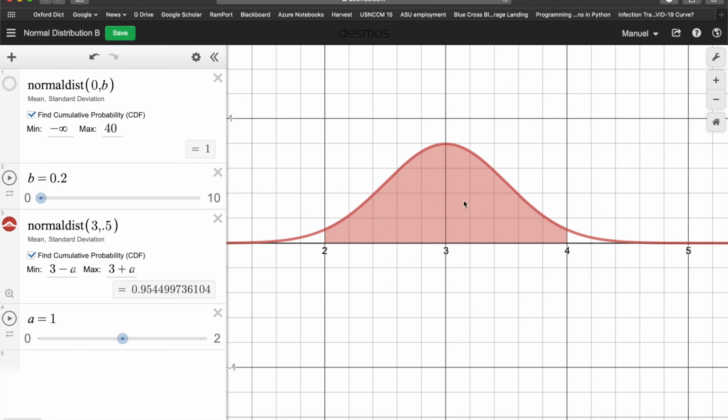So the probability of being within 2 standard deviations to the left and 2 standard deviations to the right is 95%.